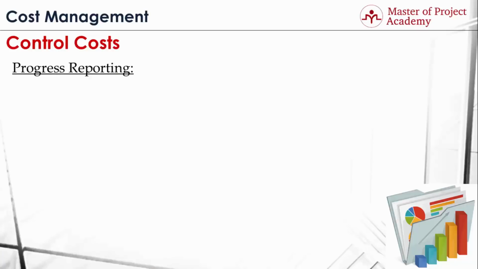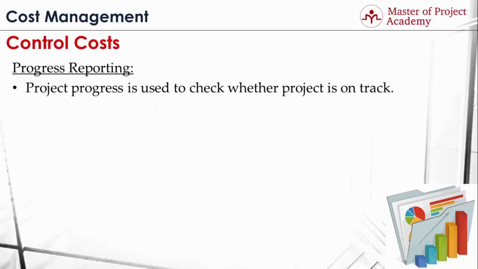Progress reporting is a critical activity that every project manager does throughout the project. You need to inform relevant stakeholders about the progress of your project. Project progress is used to check whether the project is on track.